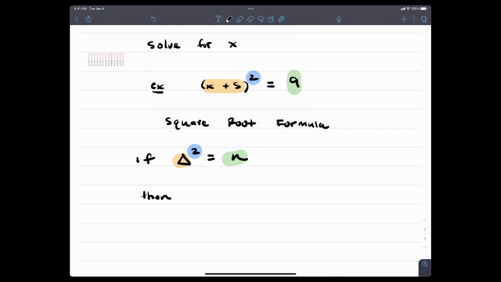You guys know what that means? That means your triangle here is plus or minus square root of n. So what you have here is plus or minus square root of n. I want you guys to really emphasize this. Don't forget that information is there. So this is what we're going to use today.